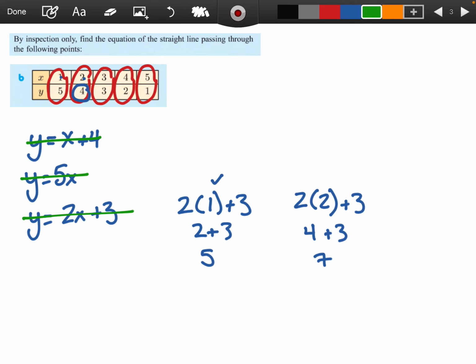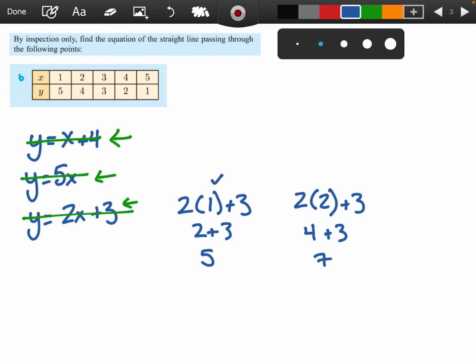So that's not going to work. Sometimes you might be able to get it in one step where you only do one thing to the x, like these first two. Sometimes you might have to do two things to x, but that didn't work in this case either. So it requires us to look a little bit more closely at the numbers.